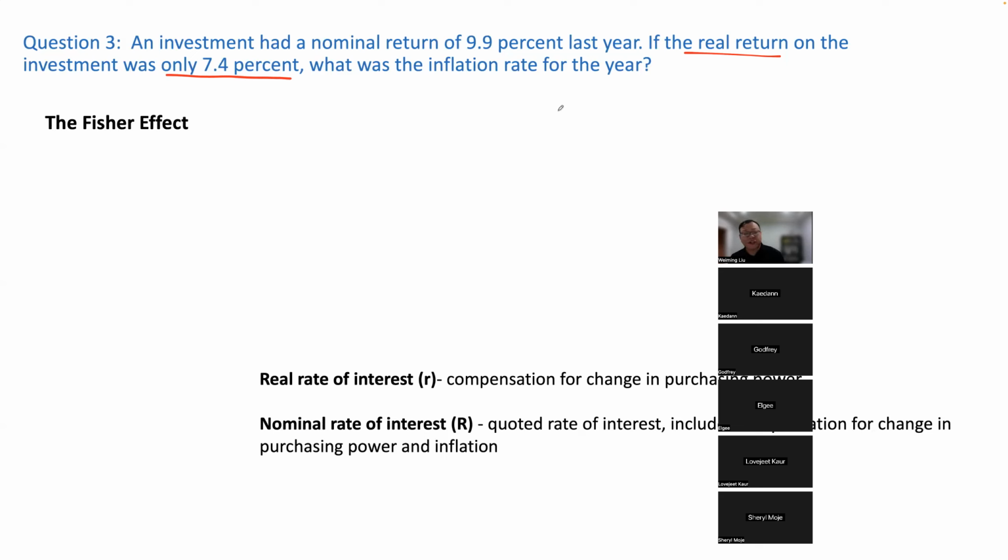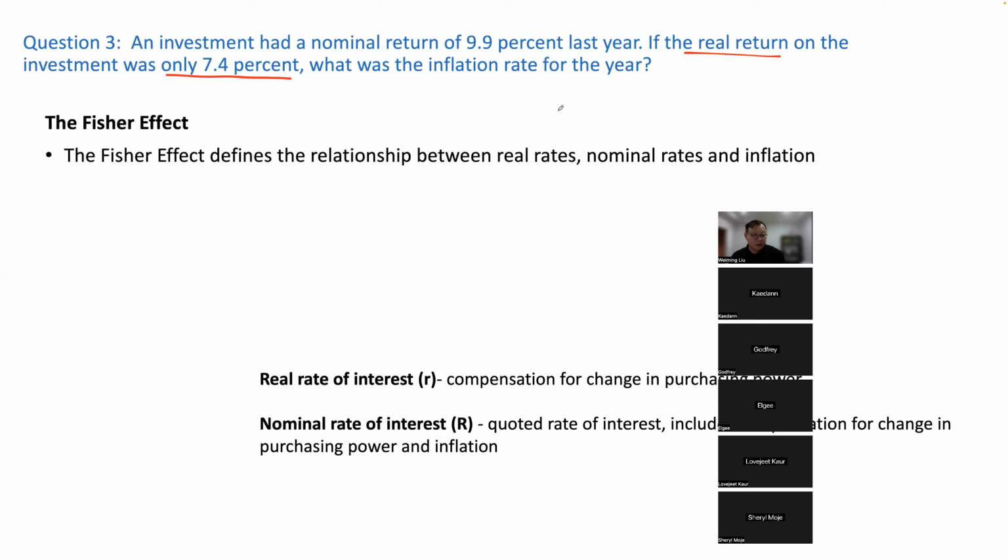So what is the relationship between these? This is called the Fisher effect. The effect describes the relationship between real rates, nominal rates, and inflation. I'm going to use lowercase r representing the real rate, capital R representing the nominal rate, and h to represent the inflation. Even though it looks like you have a return of 1 plus R, this does not represent your real return.